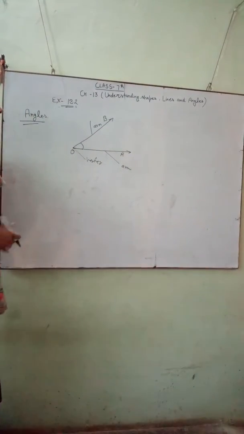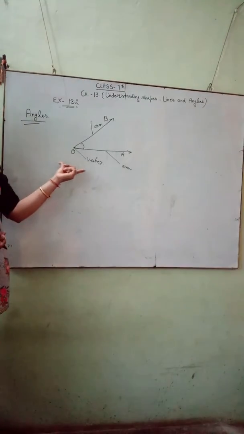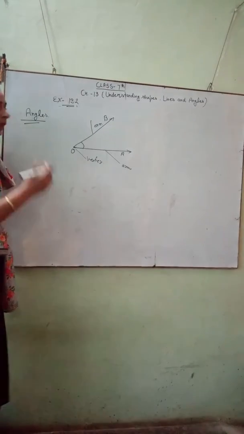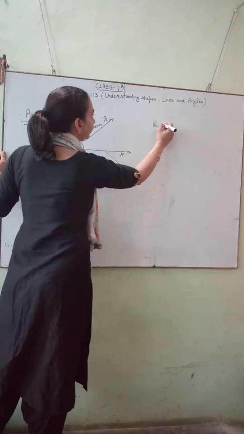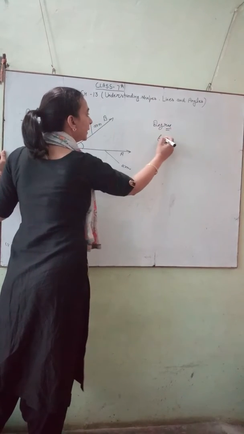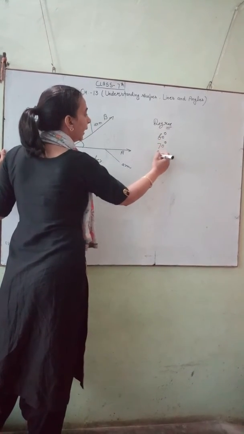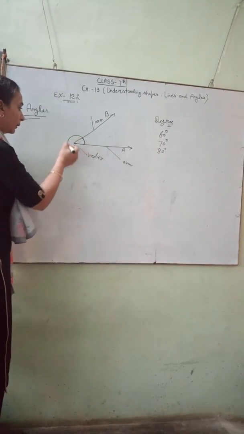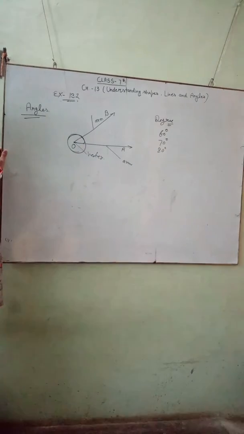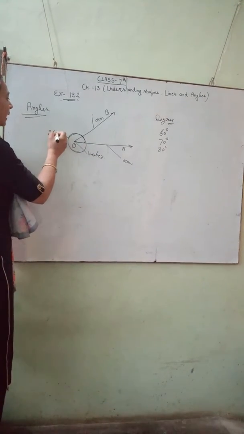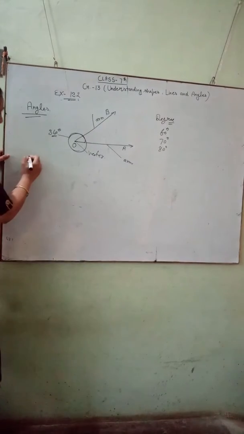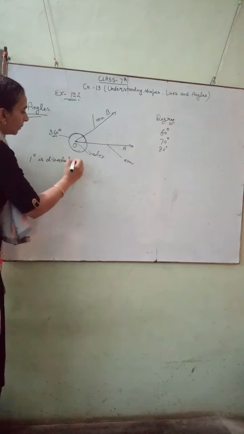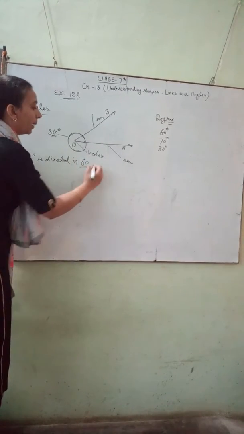This is an angle. Again, an angle is measured in degrees, like 60 degrees, 70 degrees, 80 degrees. A complete rotation is 360 degrees, and 1 degree is divided into 60 equal parts.